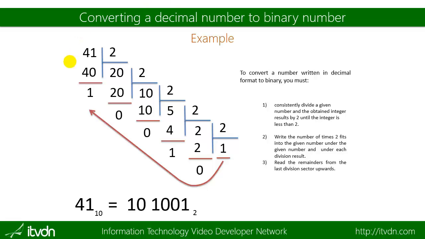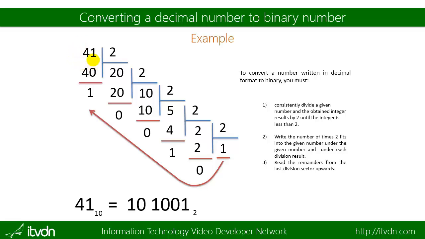If you have, for instance, 41, which is a decimal number, a whole number, and you want to convert this 41 base 10 into a binary equivalent, what you do is you consistently divide the number you have by 2 until you get a value that is less than 2. But let's follow this step by step and see how it works.